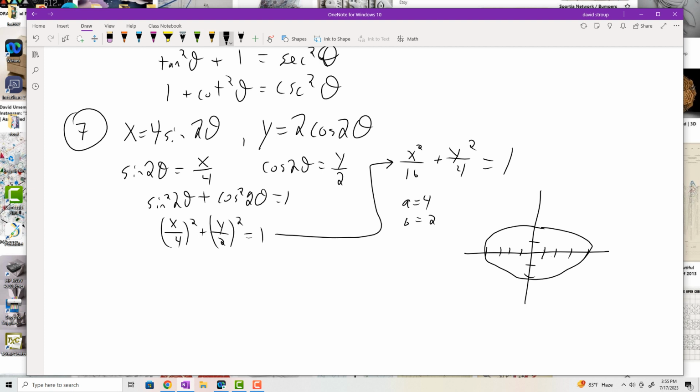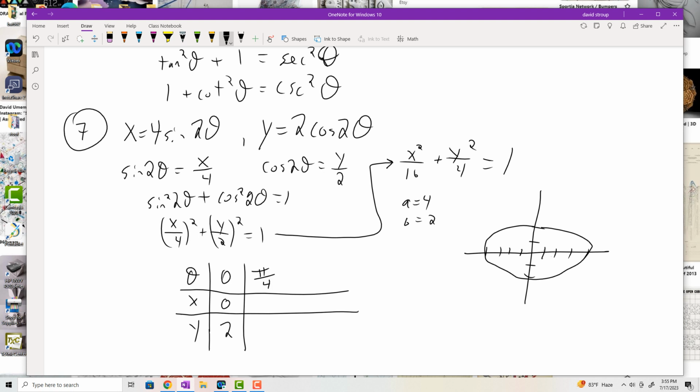Then you've got to get the orientation. So again, you're probably going to do a table. Get 2 points. I'll start at 0. When theta is 0, x is equal to 0. Y will be the 2. And then try pi over 4.